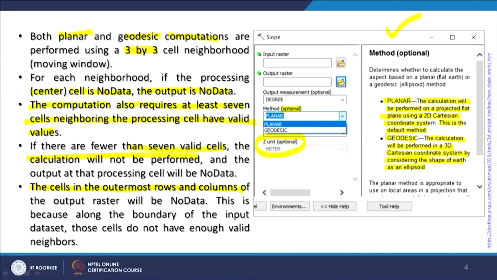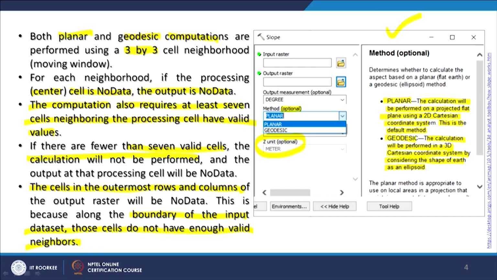So, the cells in the outermost rows and columns of the output will be no data, because in that surrounding you do not have neighbors on the side; this is because of the boundary of the input data set, so you do not have enough valid neighbors. You require at least 7.